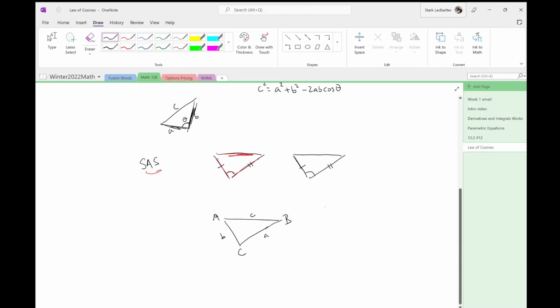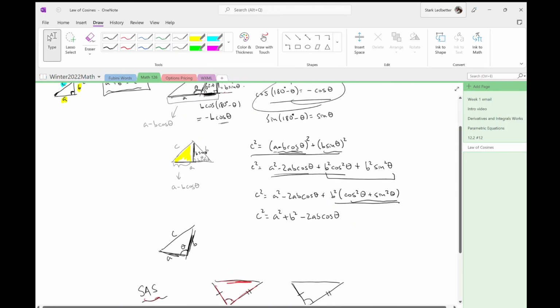Little a, the side length, over sine of angle A, equals little b over sine of angle B, equals side length c over sine of angle C. And usually you'll only use two of these, but all of those are in the same ratio. So that can help you solve those triangles too, with side, angle, side, angle, side, angle. With side, side, side, you've got to use law of cosines.